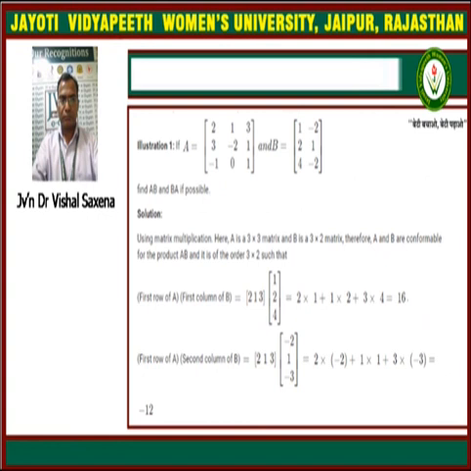Now one example is given, where the two matrices A and B are shown. The order of the first matrix A is 3 by 3 and the order of the second matrix is 3 by 2. So matrix multiplication is possible because the number of columns in the first matrix is 3 while the number of rows in the second matrix is 3.